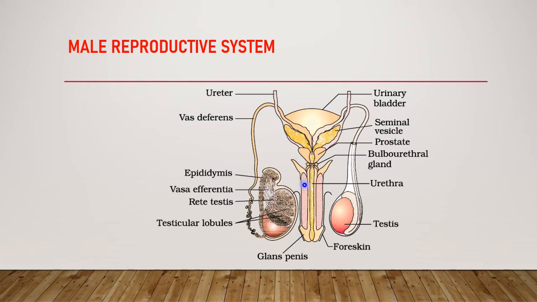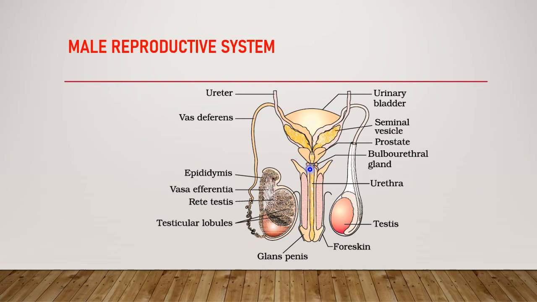The male urethra provides a common pathway for the flow of urine and the secretion of the male. Now, the duct which is formed from the union of the vas deferens and the seminal vesicle is called the ejaculatory duct, which includes both the urine as well as the sperm.